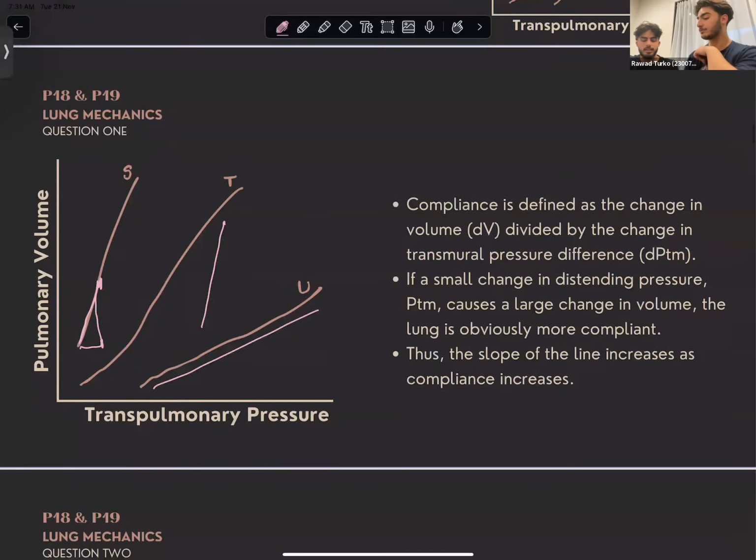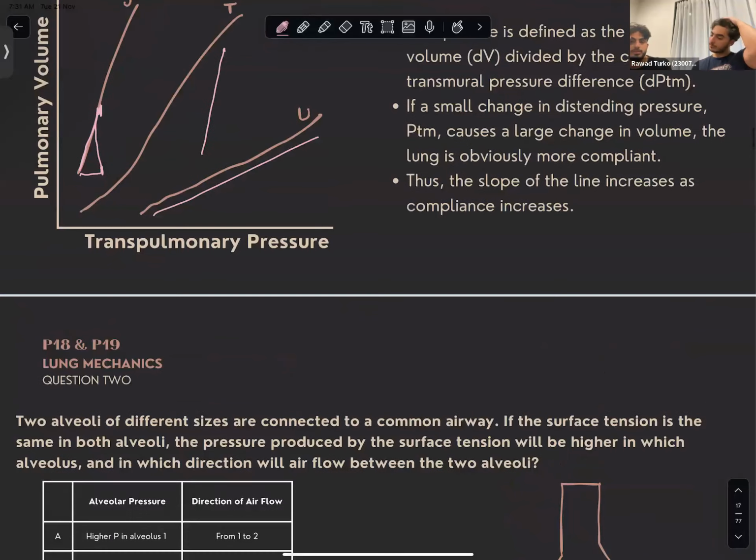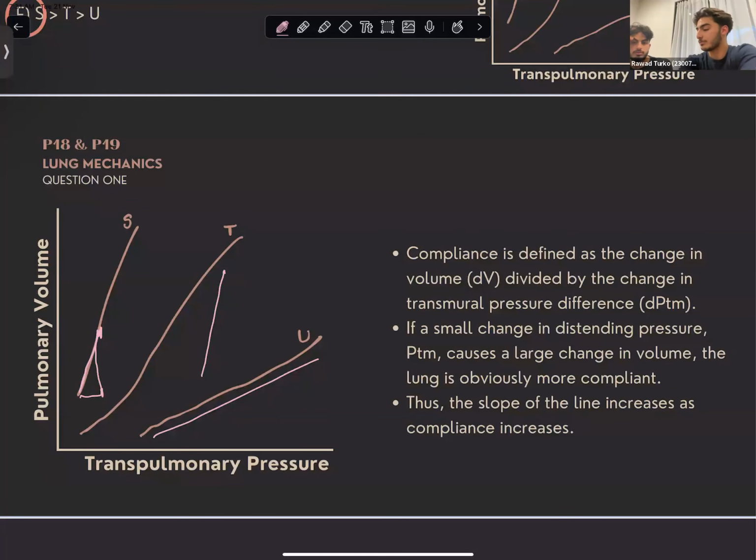Okay, when we have high volume, do we get low compliance or high compliance? Low. For high volume, okay. When we're talking about pressure, when pressure increases, does compliance increase or decrease?